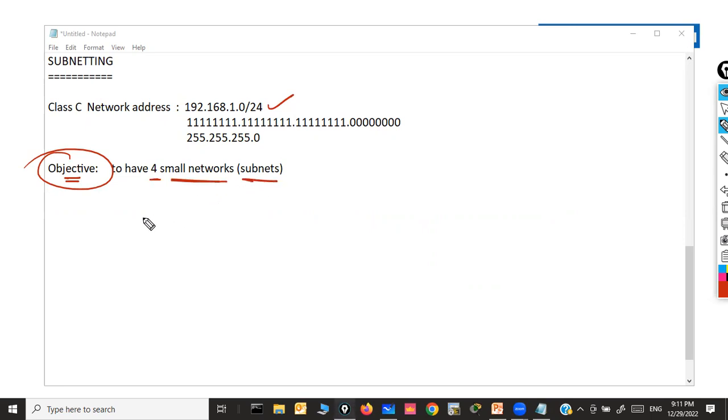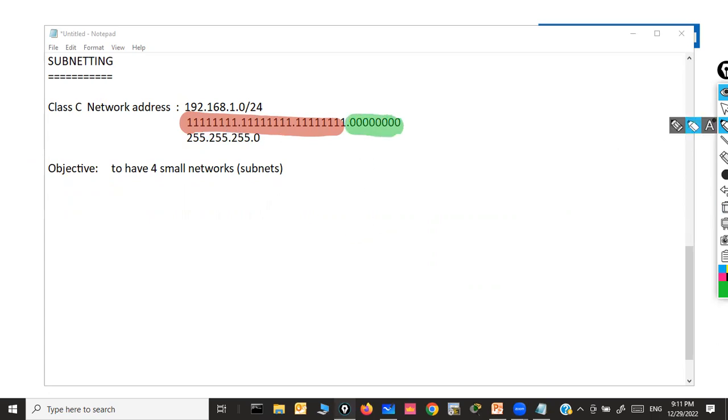Now the first step: if you look at the subnet mask, 24 bits, the ones, represent the network portion. We have 8 zeros, and zeros mean the host portion. So network and host portion.